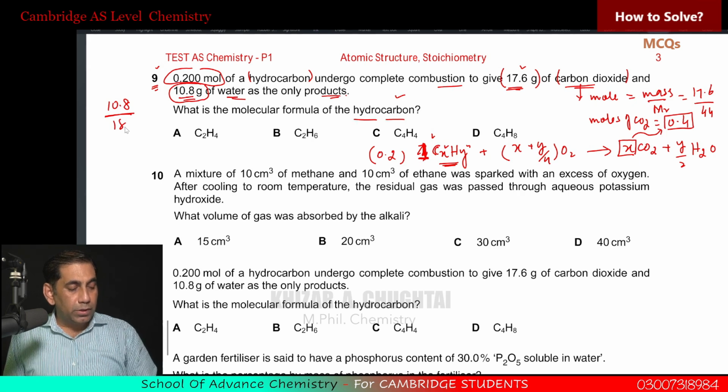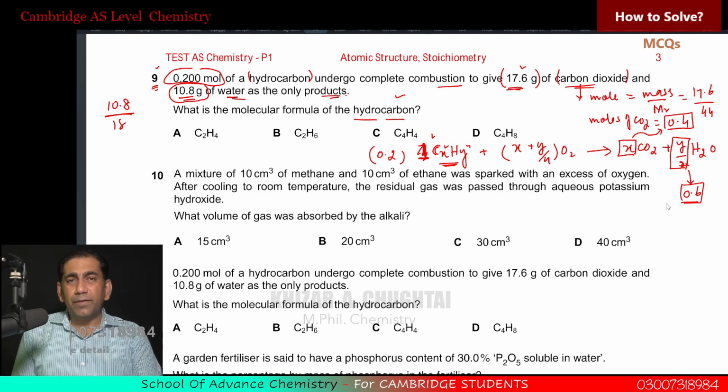So 10.8 divided by 18 and the answer is 0.6. So according to this equation, the moles of water, y by 2, is equal to 0.6 moles.